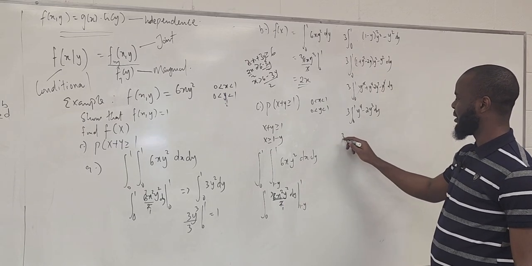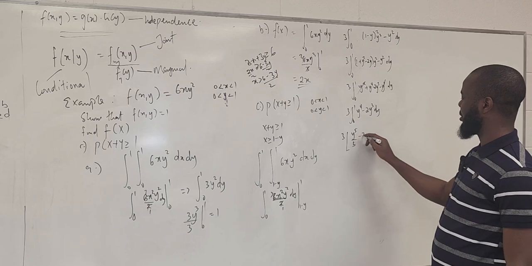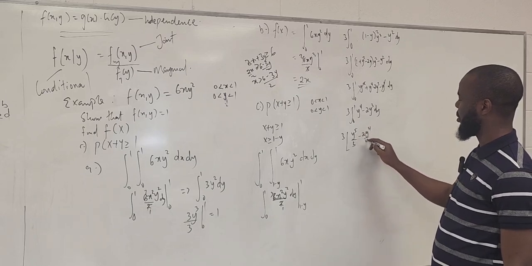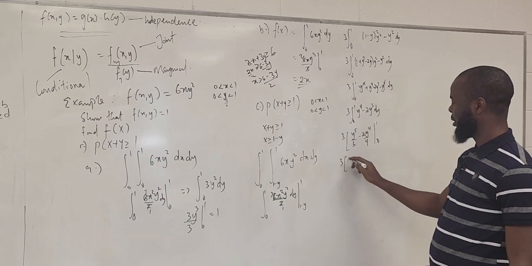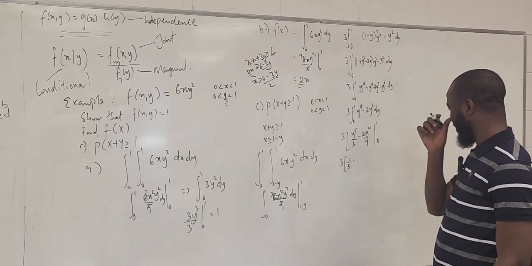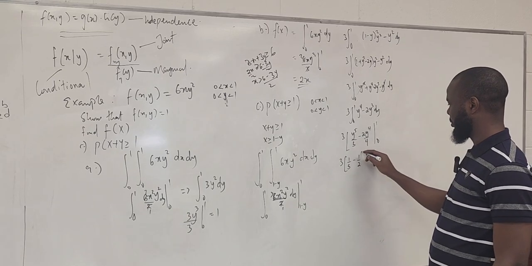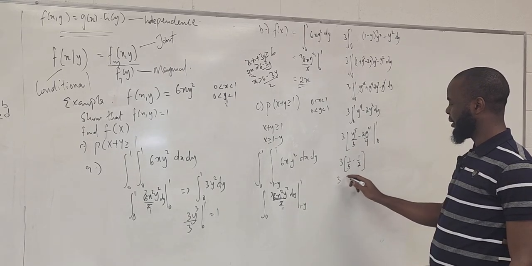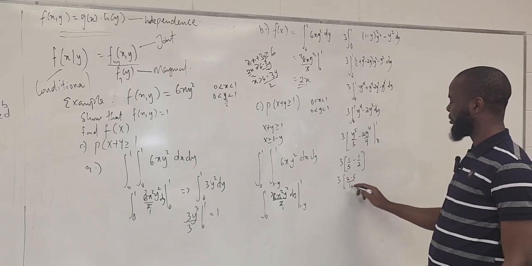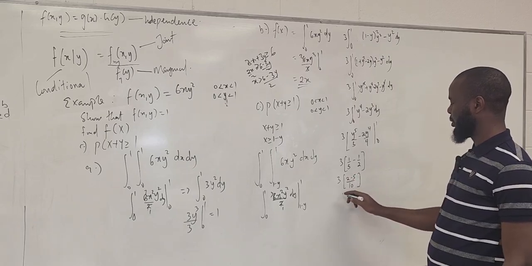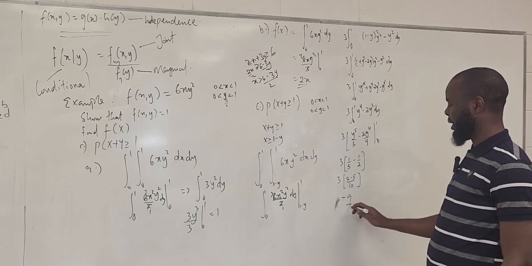Now you can integrate this: y to the power of 5 over 5 minus 2y to the power of 4 over 4, from 0 to 1. And here you have 3 times 1 over 5 minus 1 over 2, which is 3 times 2 minus 5 over 10. There you have minus 9 over 10.